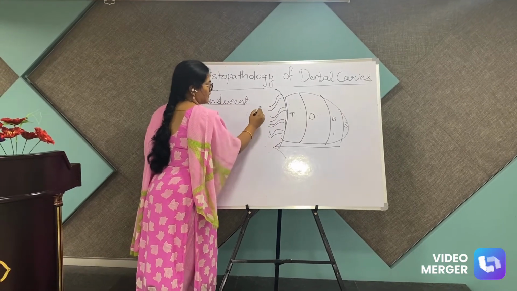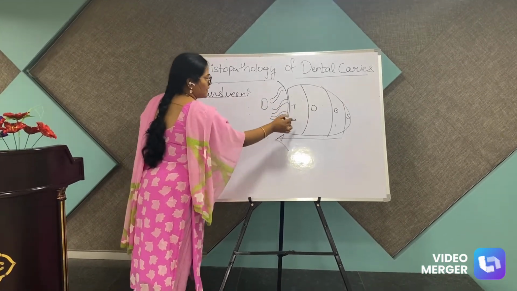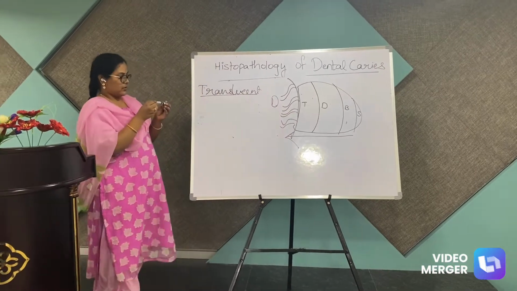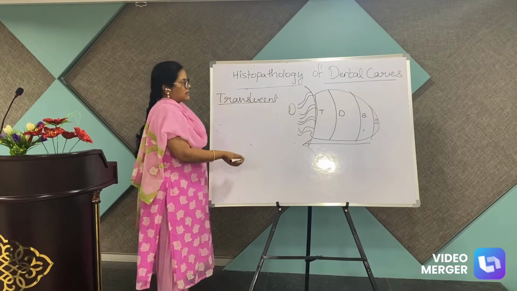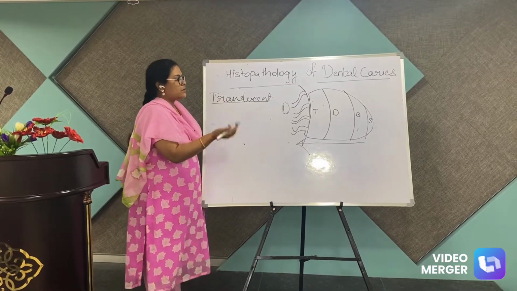So this zone is considered the advancing front or the deepest layer of the enamel caries, and it is not much porous.